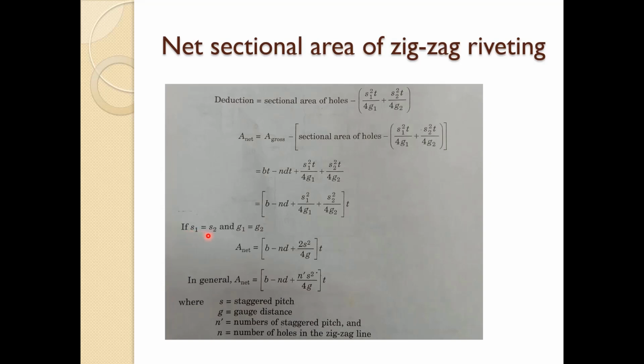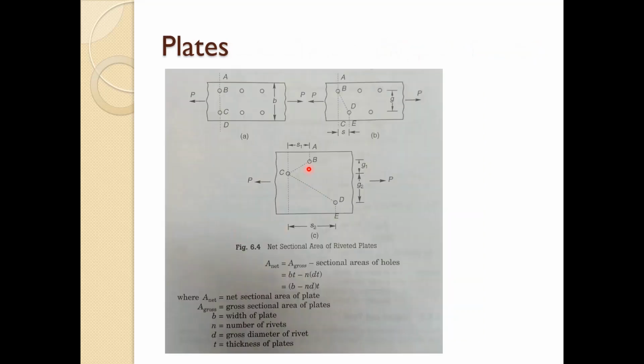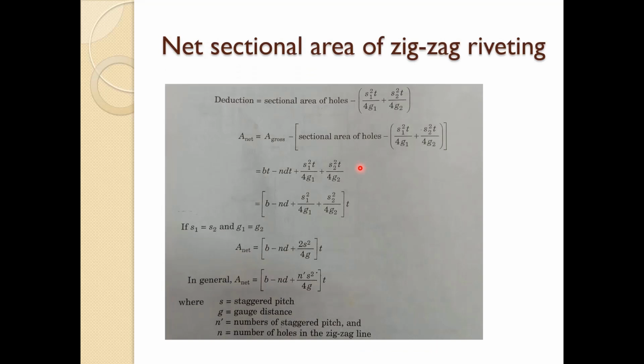If s1 equals s2 and g1 equals g2, suppose we have the same distances, then the change will be A net equals b minus nd plus 2s square divided by 4g, multiplying it by 2.